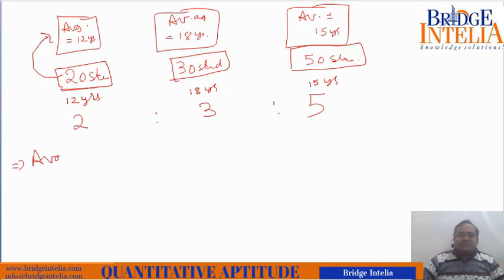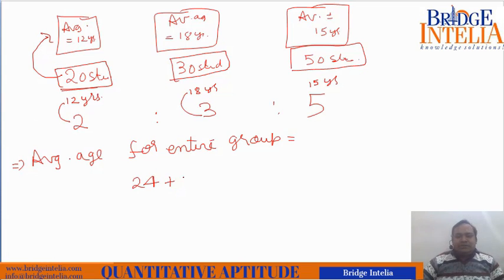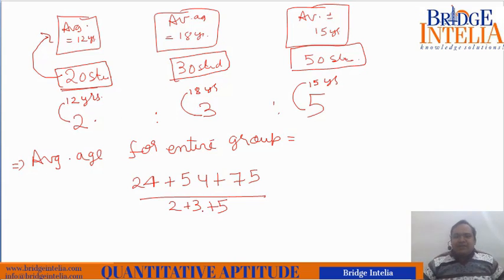The average age for the entire group should be equal to 12 into 2, 24, plus 18 into 3, 54, plus 15 into 5, that is 75, divided by 2 plus 3 plus 5, that is 10. So this is the concept of weighted average.